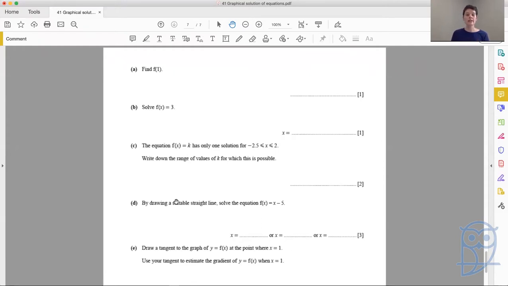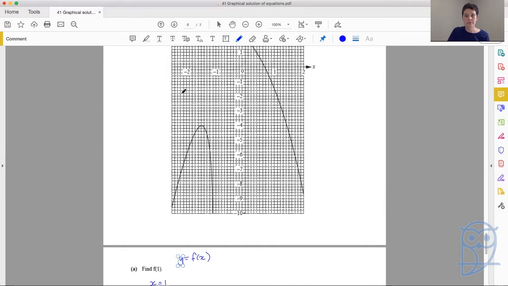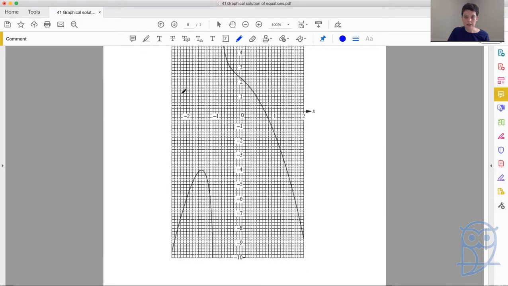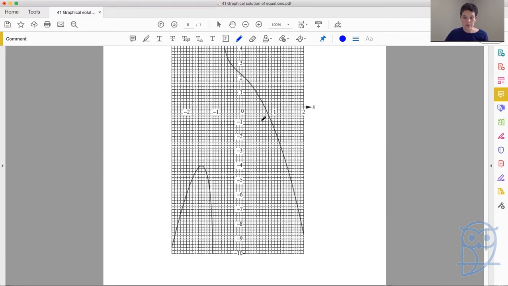So the first thing they say is find f(1). Now remember, we've got y equals f of x. Well, if they've put a 1 in where that x belongs, we know that it's x equals 1. So what does the function equal when x equals 1? What does y equal? So when x equals 1, let's just line up with the middle of the graph so it's a bit easier.